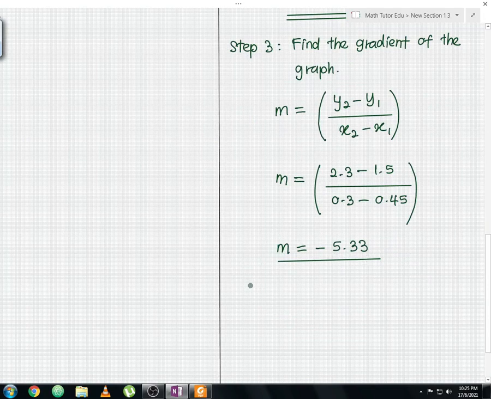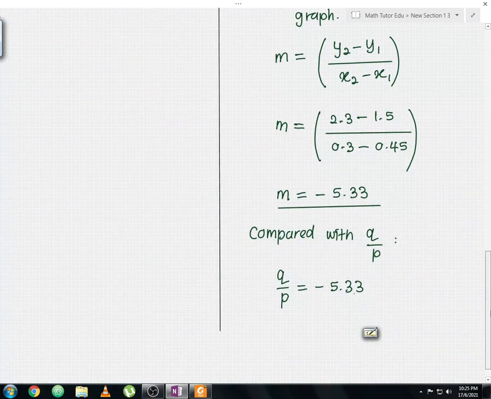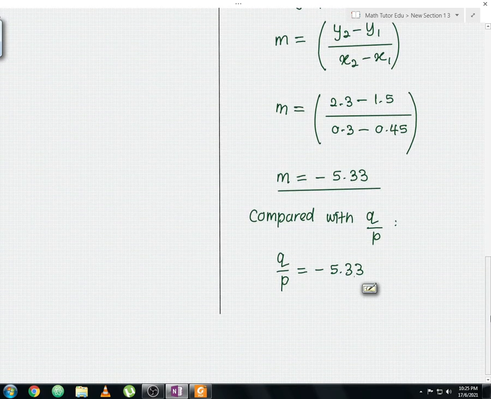So q over p is equal to negative 5.33. In the second step, we already found the p value, which is 0.26. So in the next step we can substitute the 0.26 over here.